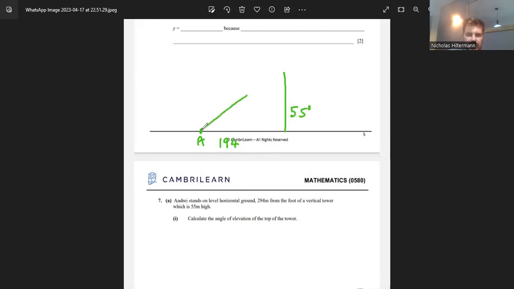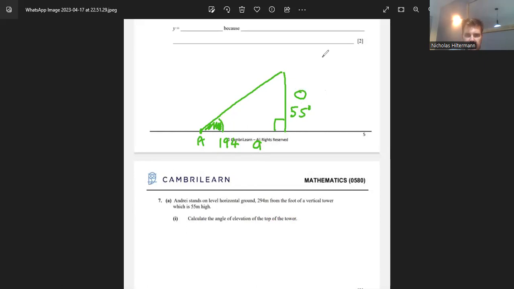So we need to calculate the angle of elevation. In other words, what's this angle here? Remember SOHCAHTOA, because this is a right angle because it's vertical. This is opposite to that angle, and this is adjacent.